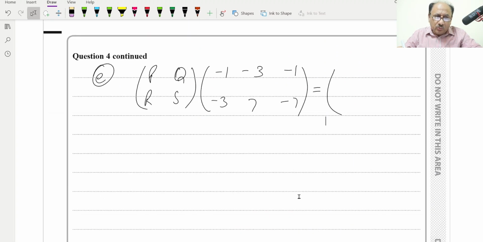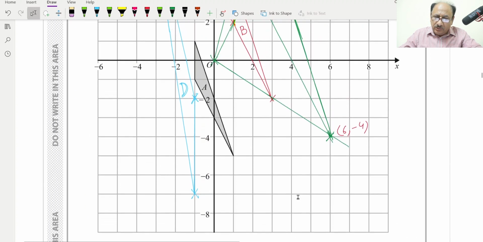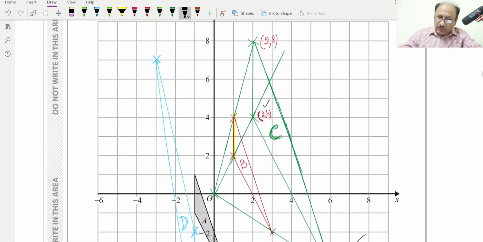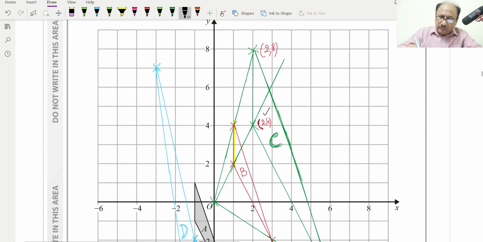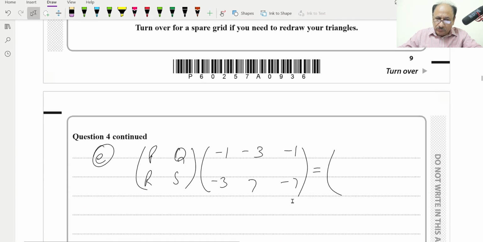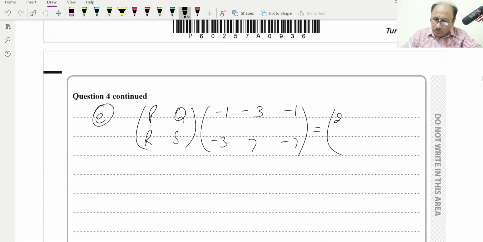So we write the coordinates of triangle C: 2, 4, then 6, minus 4, and the third coordinate 2, 8.